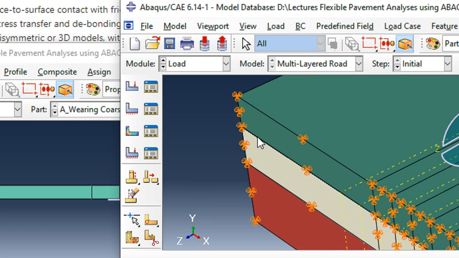Analyzing pavement soil interaction and stress distribution requires careful attention to the interaction in between these layers.